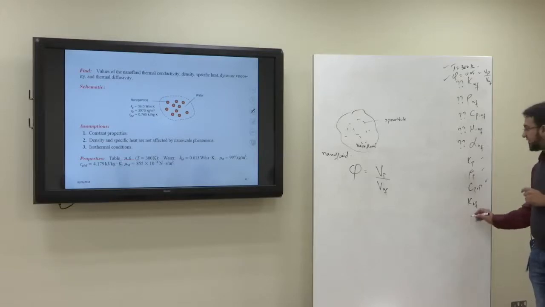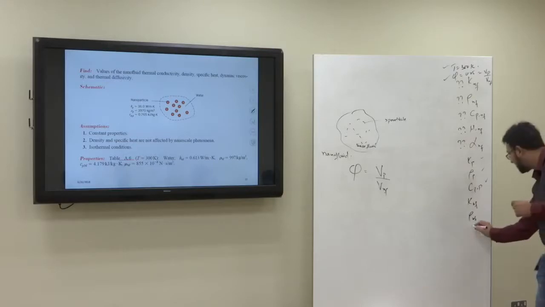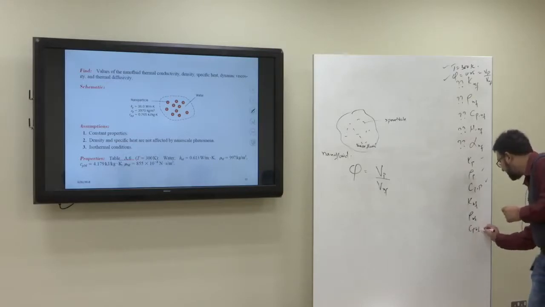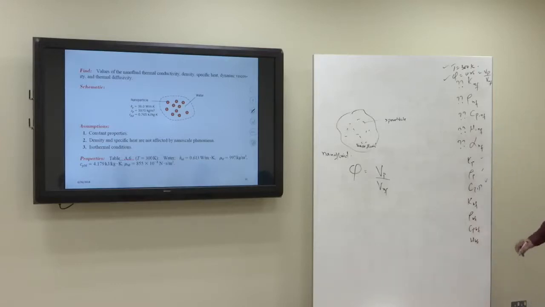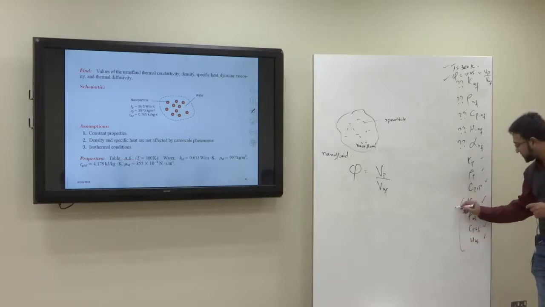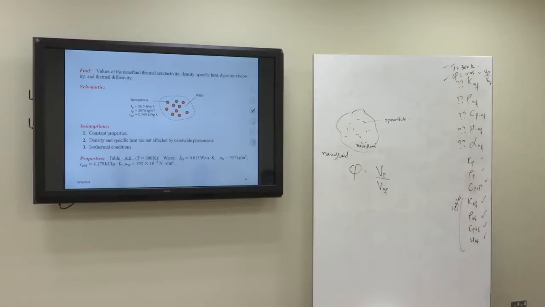Kbf, rho bf, Cp bf, and mu bf. So these four properties I will take from the tables, appendix. Right?